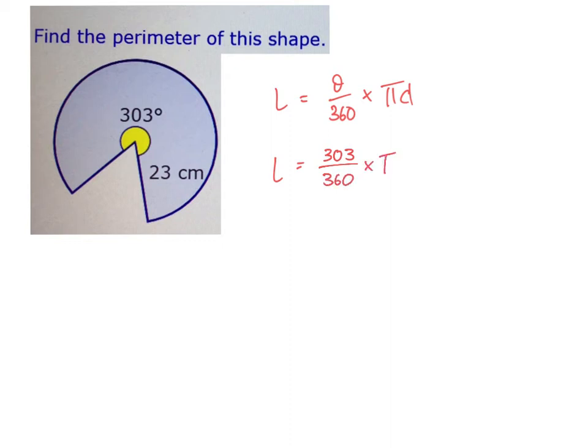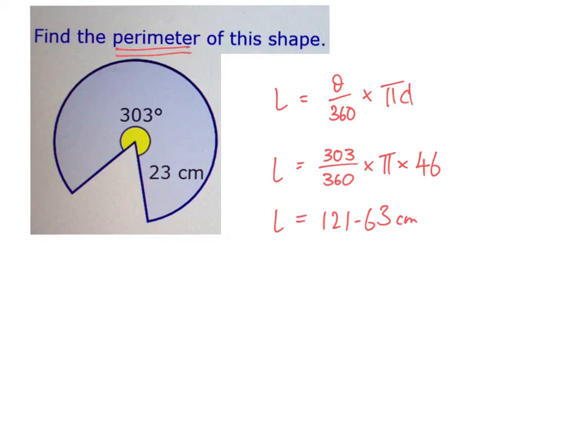And we're multiplying that by pi, and by the diameter. Now just be careful again, 23 centimeters is the radius, so the diameter is twice that, so it's 46 centimeters. And when you put that into your calculator, guys, you get 121.63 centimeters.